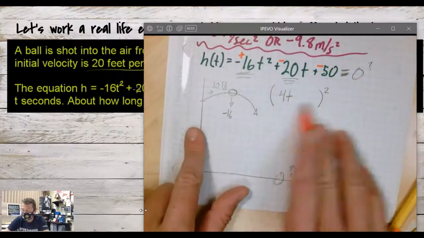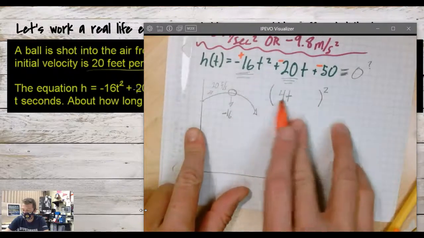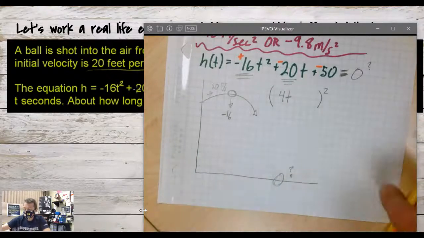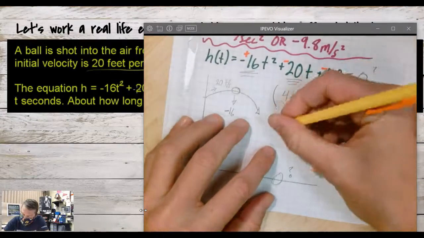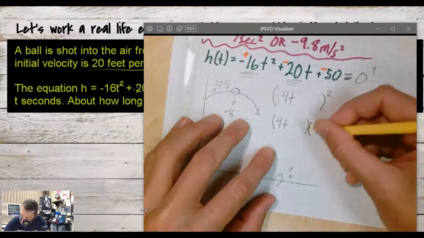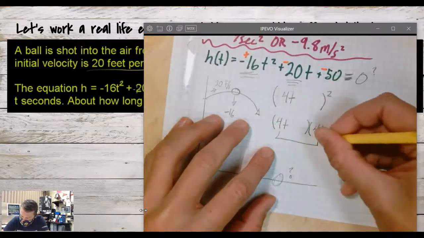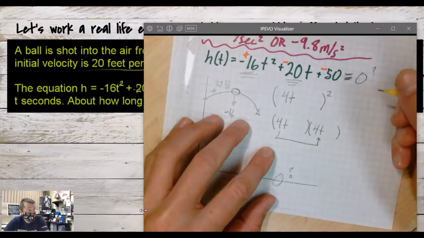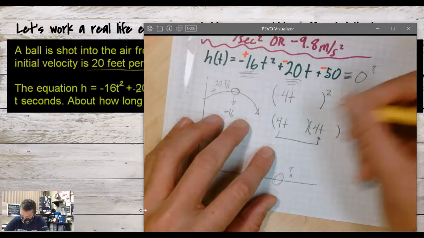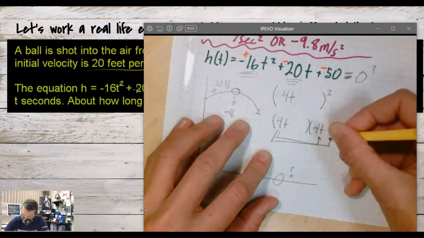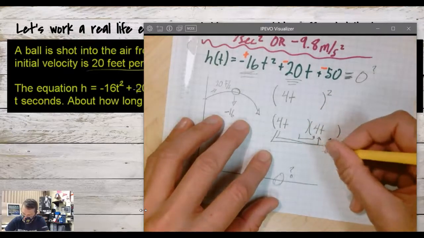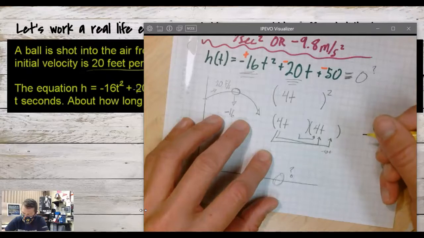So now 4t works. We would get 16t squared if we use 4t. We need negative 20. And guys, this is where sometimes, if we're thinking about perfect square, it's still good to write out both binomials. So we know 4t times 4t gets our 16t squared that we want. Negative 20. Well, if the outer and the inner are going to be the same, each of those should be negative 10t, right?